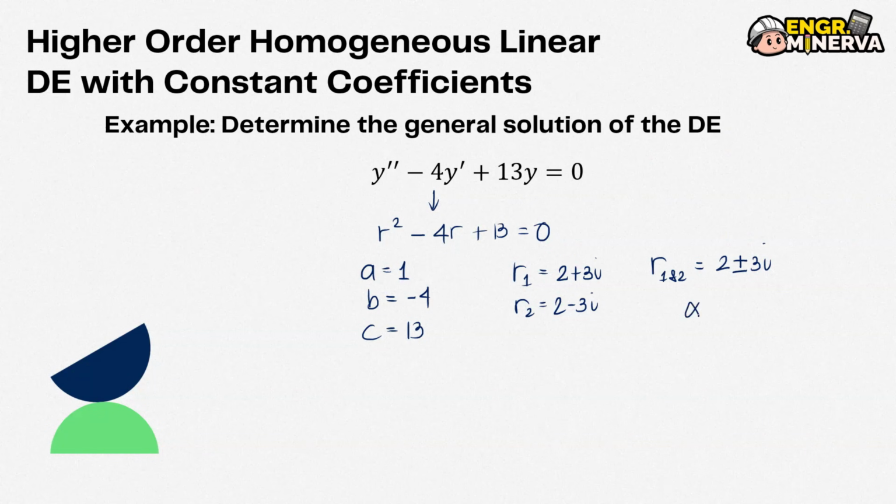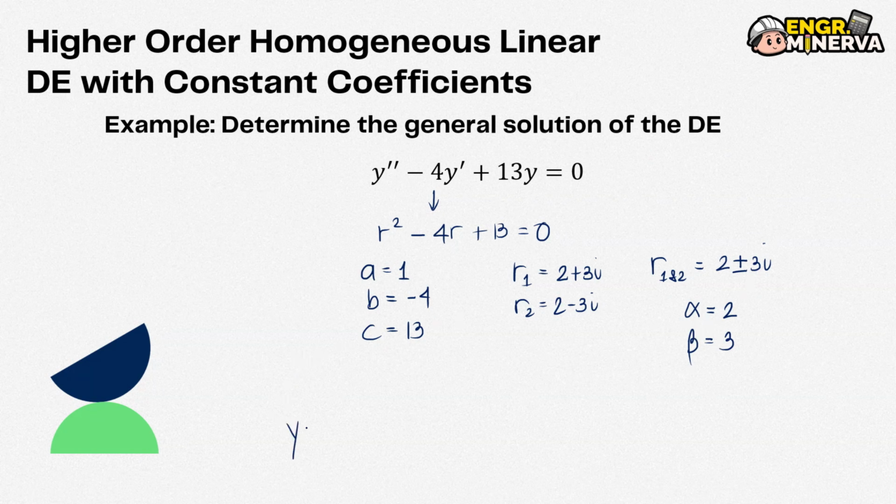What is the value of alpha? That is the real part, 2. And the value of beta is the imaginary part, 3. Do not include the i. Also take note, beta is always positive. Do not include the sign.